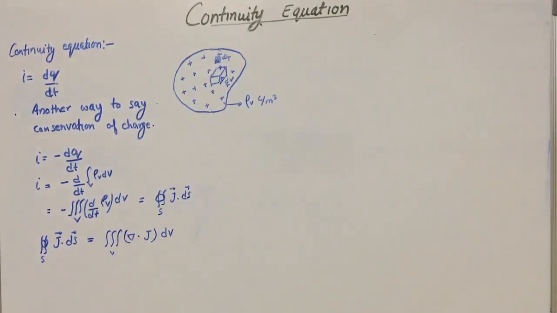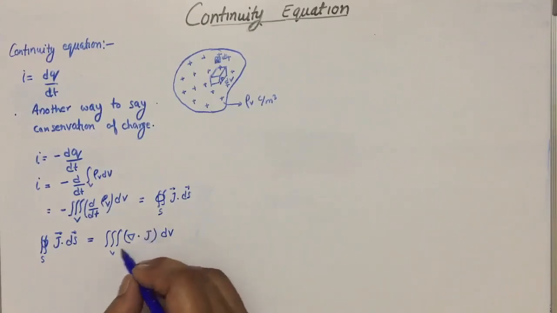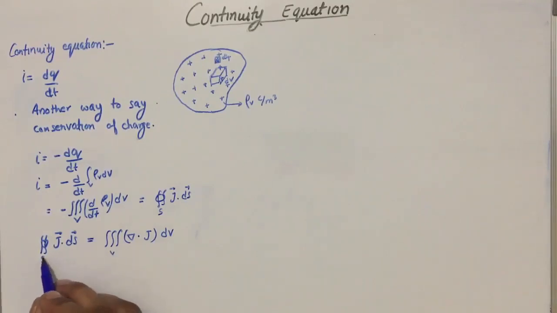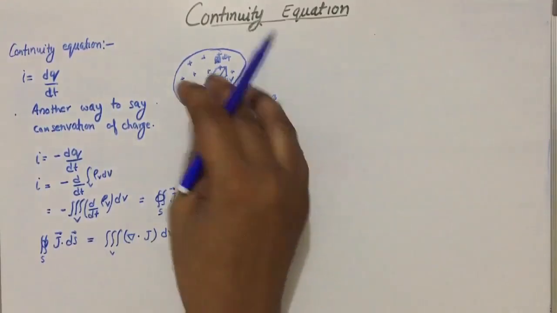It says the volume integral of the divergence of vector field J taken over the entire volume is equal to the surface integral of the field over the closed surface surrounding the volume.